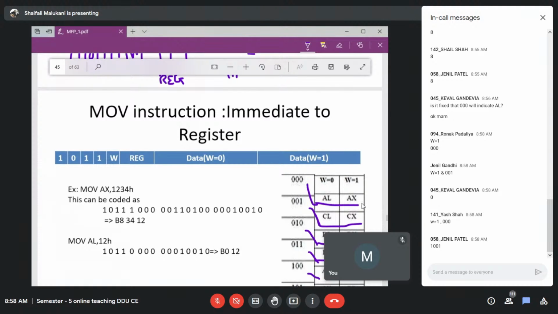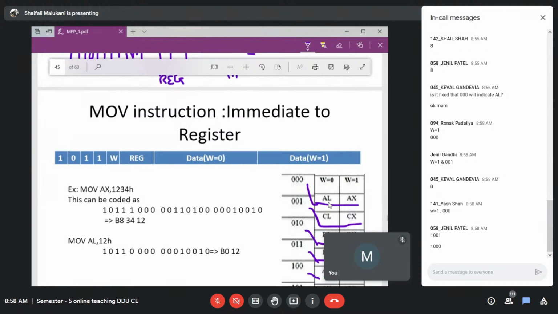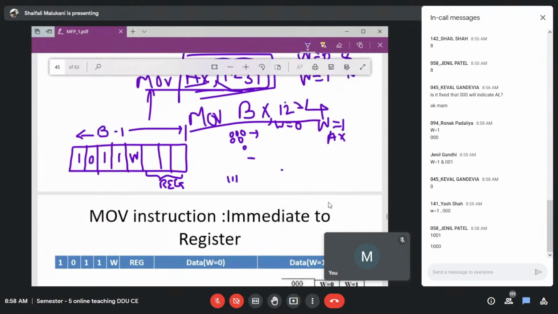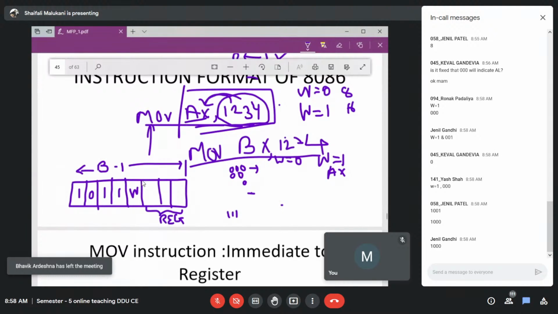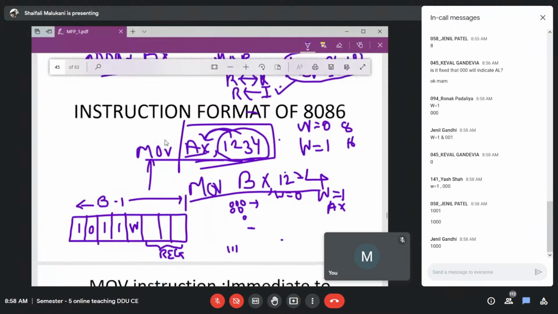So it will be 1 and 000. What have we covered so far in byte 1? It is a move instruction, the register is AX, and it is a 16-bit operation.